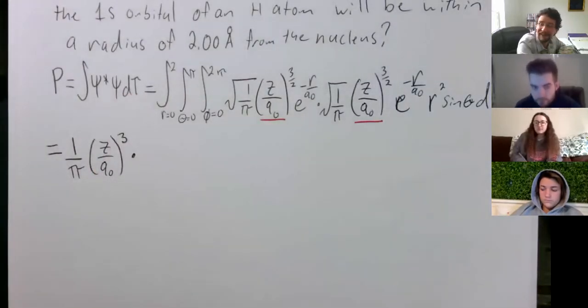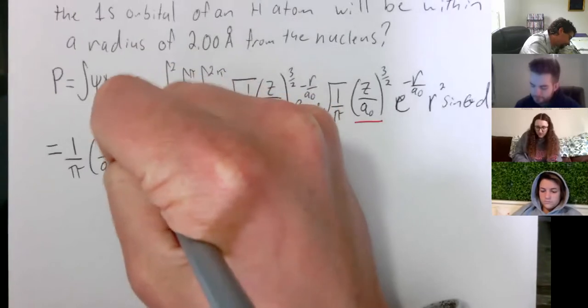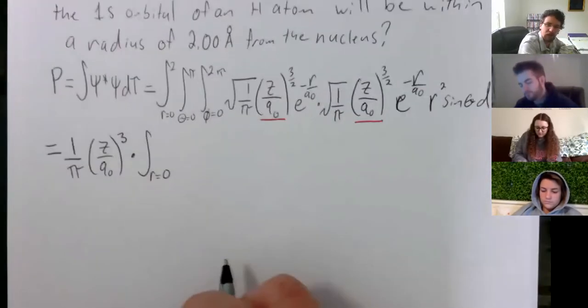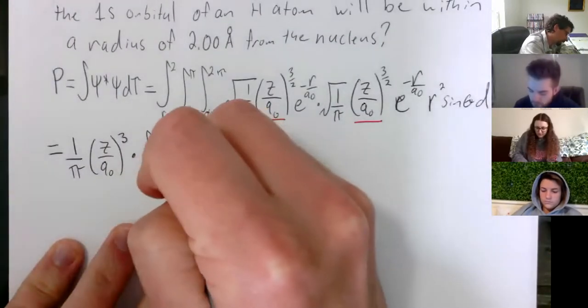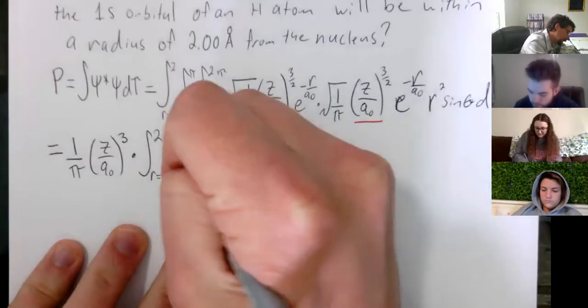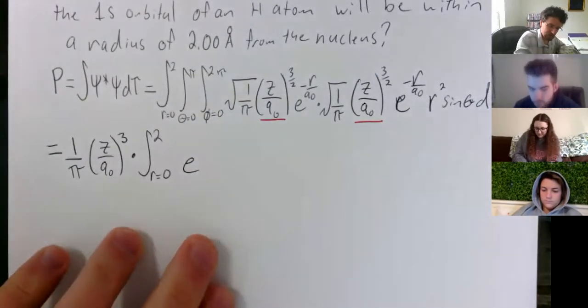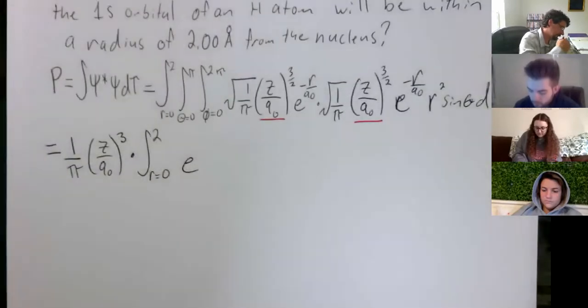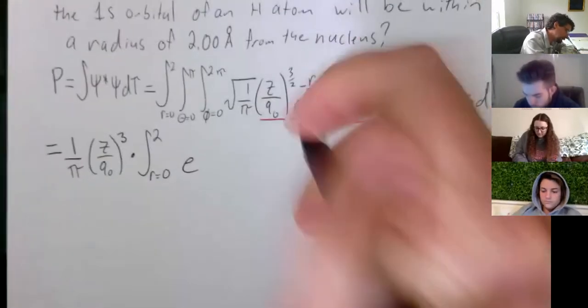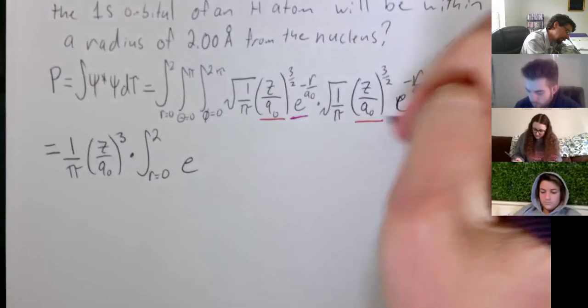It's more of a preference thing, not like one has to be done before the other. Just do R. Okay. R looks nice. R is going from 0 to what again? 2. Yep. We got E. Let's combine these terms.